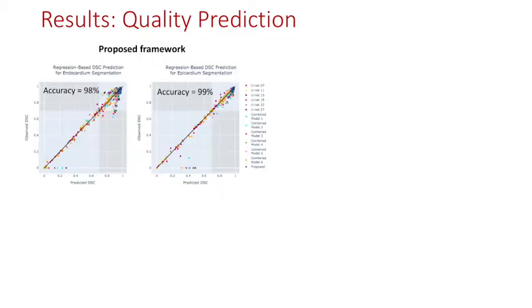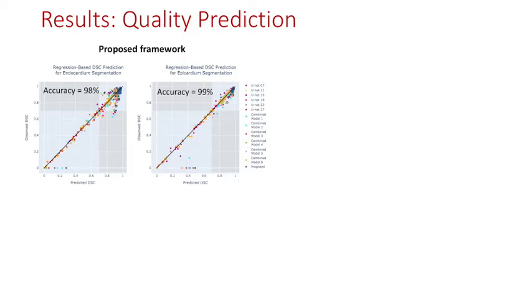For quality prediction, the scatter plots show the proposed framework predicted the DSC very accurately for all the candidate segmentations, for both the endocardium and the epicardium. We apply a threshold of 0.7 for binary classification of good and poor quality segmentation, and obtain a classification accuracy of 98% and 99% respectively for the endocardium and the epicardium.